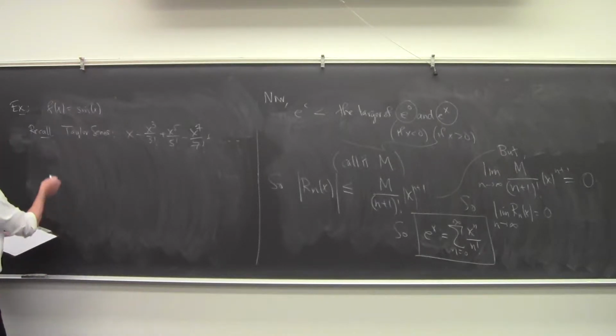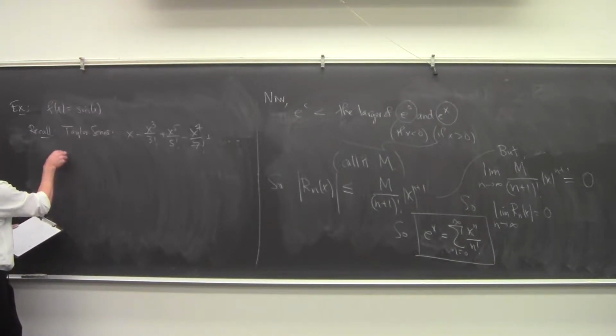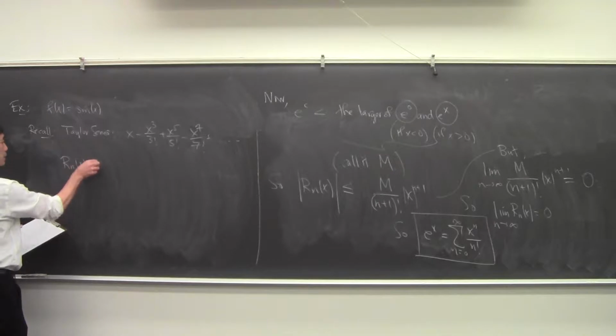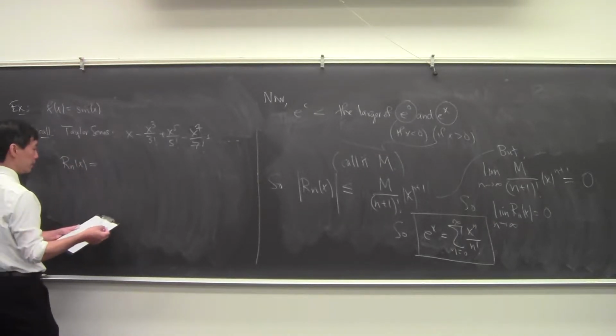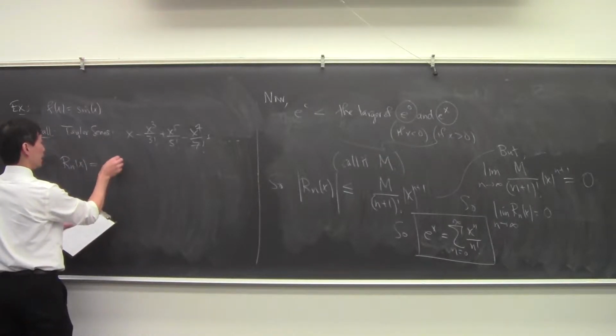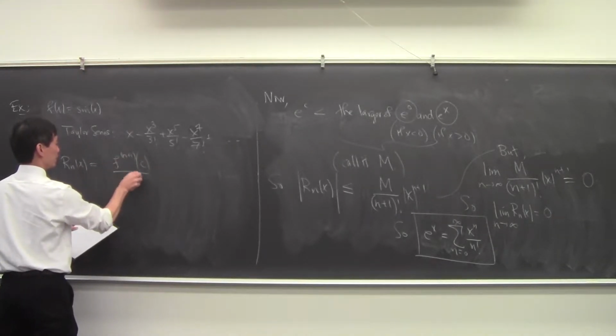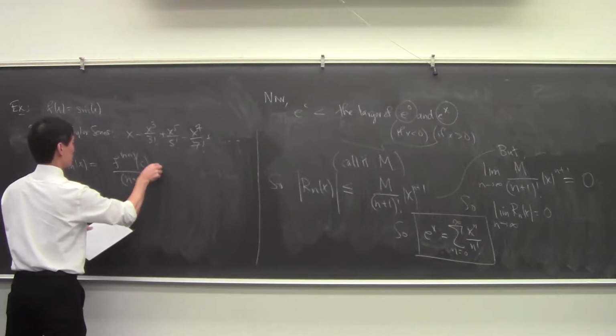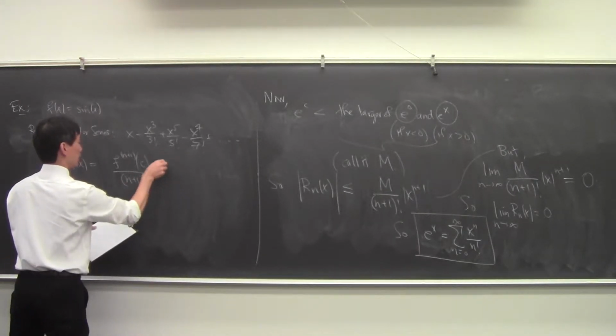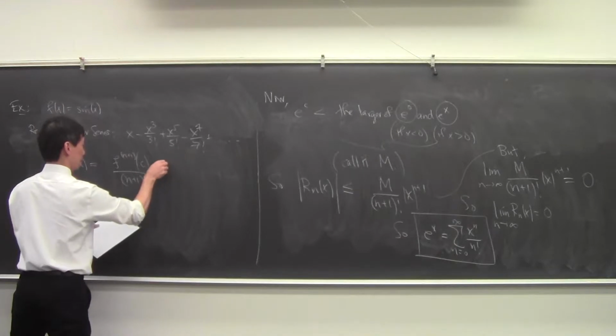So our question is, does the remainder go to 0? And Lagrange says, well, our remainder is going to be the n plus 1th derivative evaluated at some point c over n plus 1 factorial times x to the n plus 1.